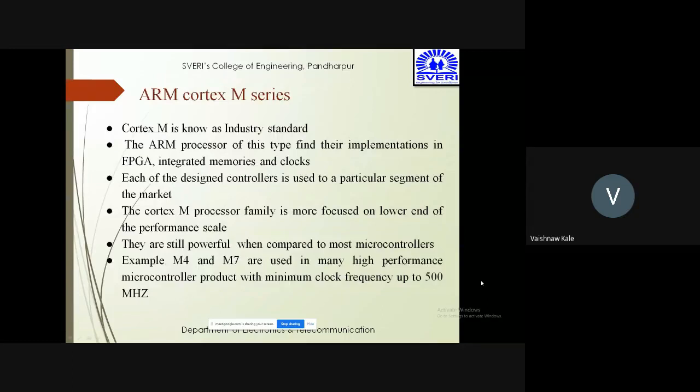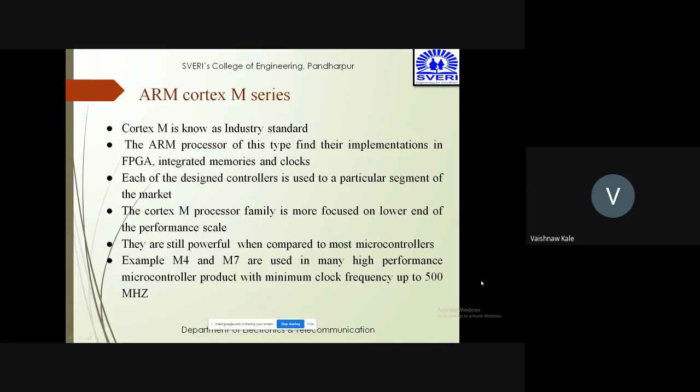Then the third of the series is the Cortex M series. This is by far the most important series, which we are going to concentrate on a lot, because the M3 is to be studied in detail in this unit. The Cortex M is known as an industry standard. It finds implementations in FPGA, integrated memories, and clocks. Each of the designs is used for a particular segment of the market, more focused on the lower end of the performance scale.